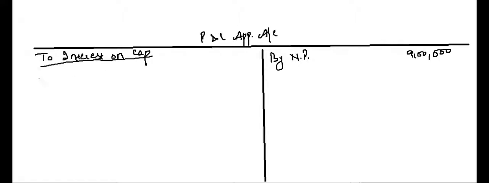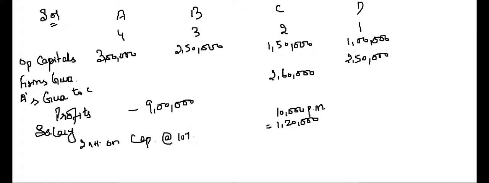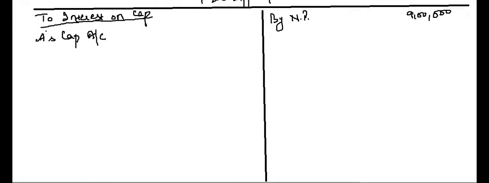Okay, we have A's capital account. What is A's capital? A has a capital of 3 lakh, 10%, 30,000. Right? For B, B's capital account 2,50,000, 10%, 25,000.